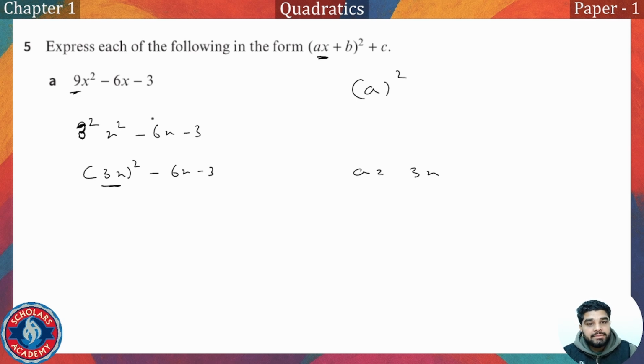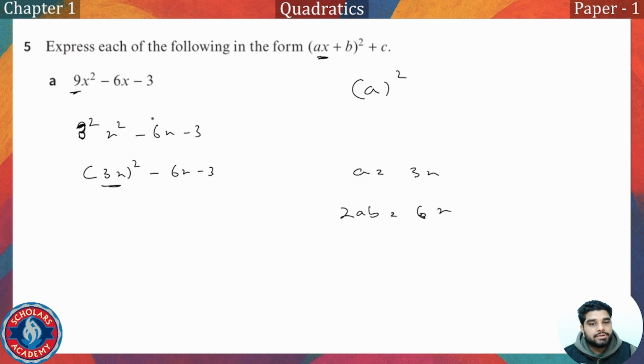So now my a is 3x. My b term is... 2ab term is, now I will not say b, because this 3 is also involved in the 6. So 2ab is 6x. Let's also continue with x.